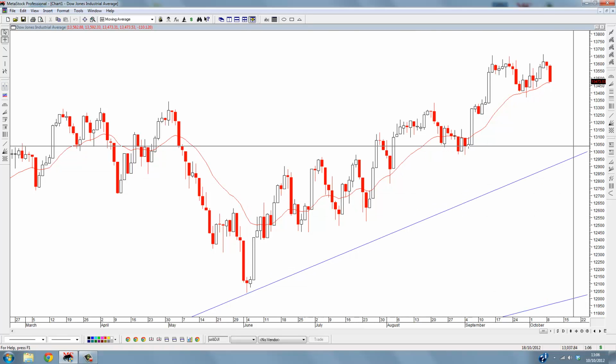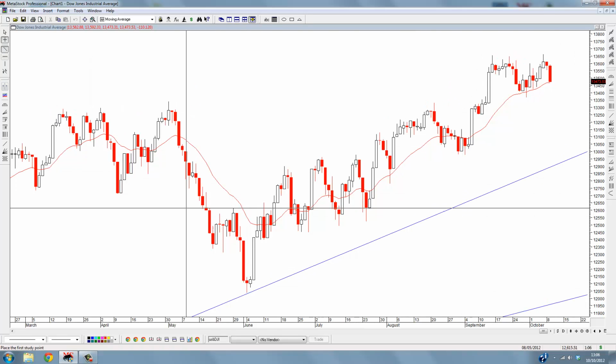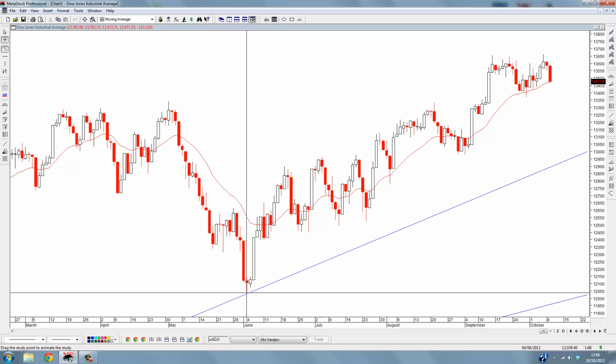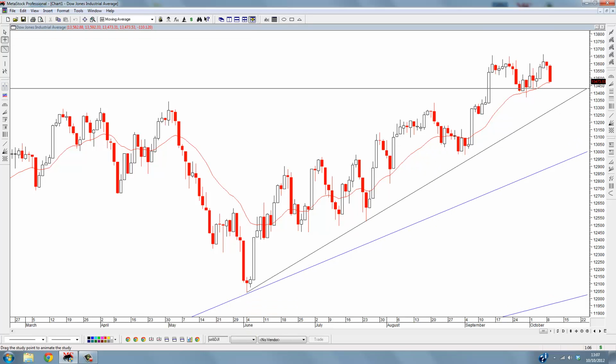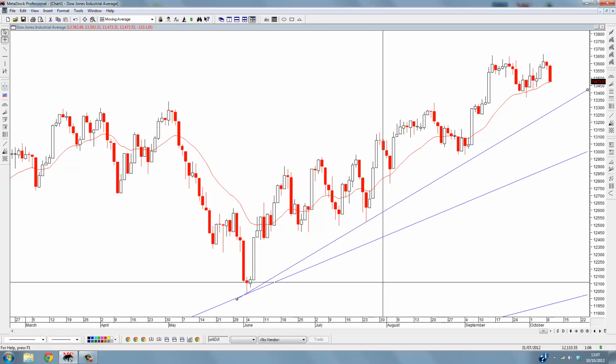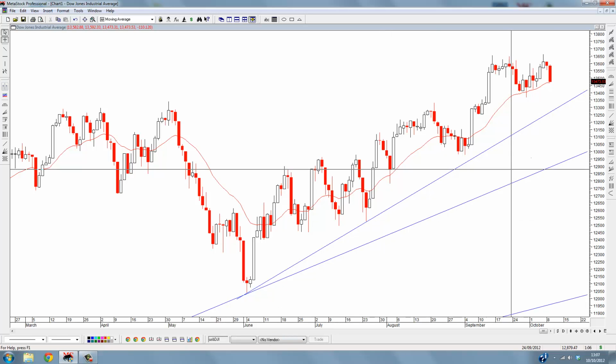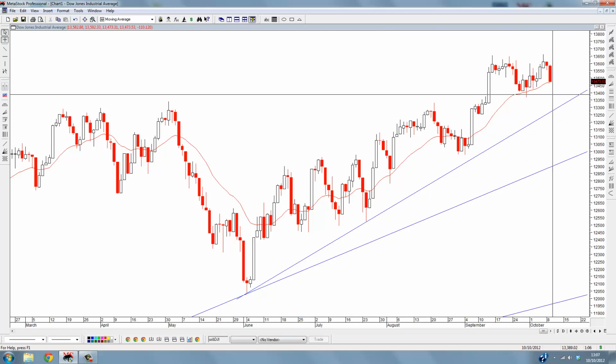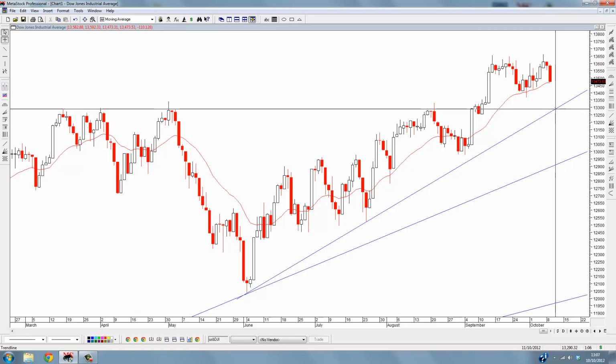So if you draw another trend line now, joining this bottom here, like so. So now if the Dow Jones was to approach this area, I'd seriously consider going long. That level currently is 13,290. If it approaches that during market hours, I will be going long.